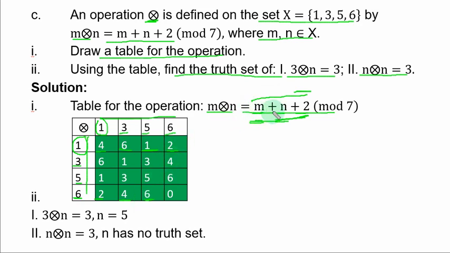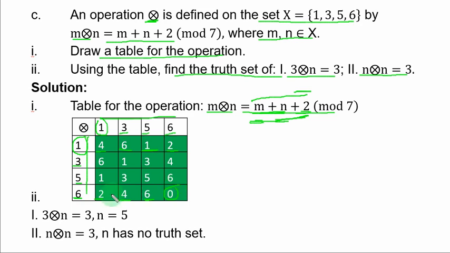When m is 6, n is 6. That is 6 plus 6 is 12. 12 plus 2 is 14. Divide 14 by 7. You have 2 remainder 0. You record the remainder 0. So that is the table for the operation.